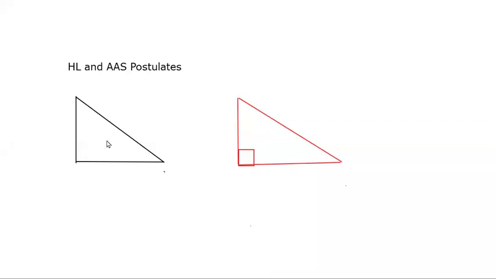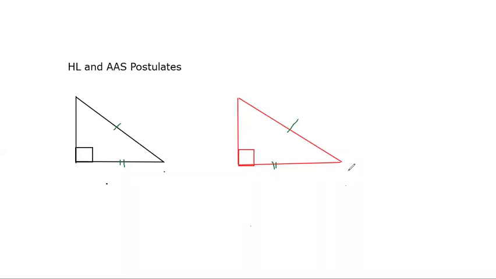Basically, it says if the hypotenuse of one right triangle is congruent to the hypotenuse of another right triangle, and one of the legs is congruent, then those two triangles must be congruent.